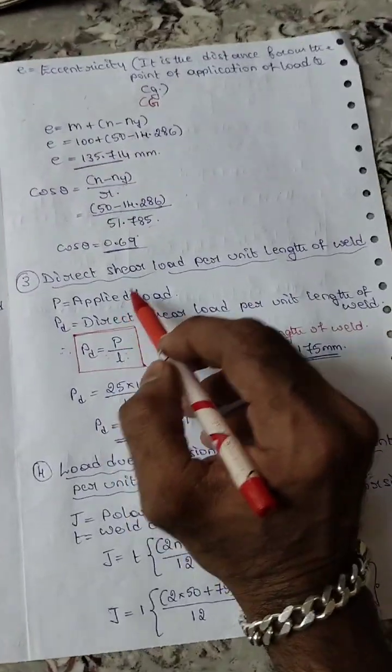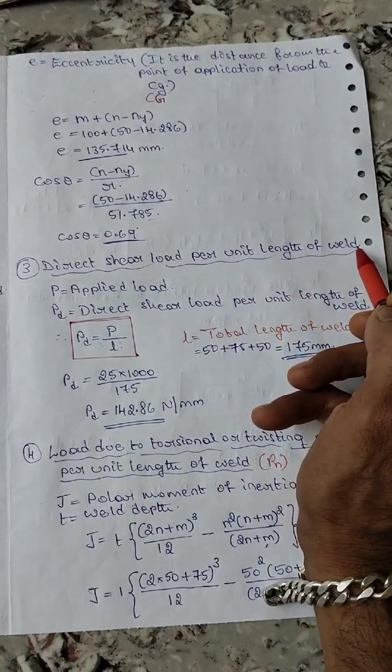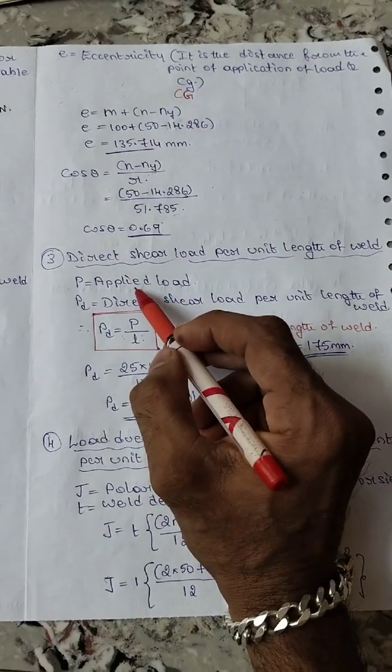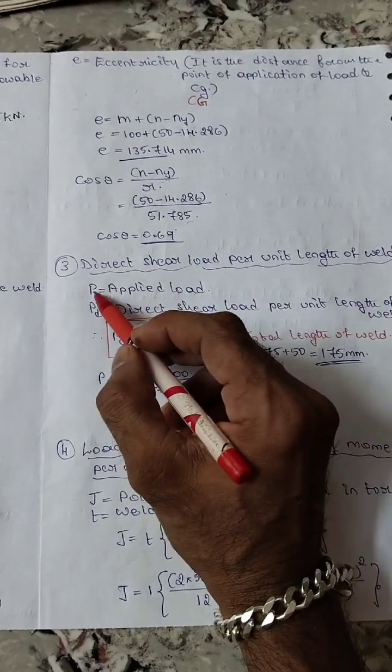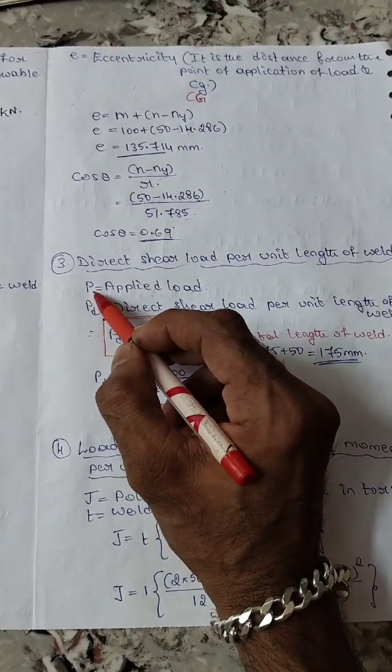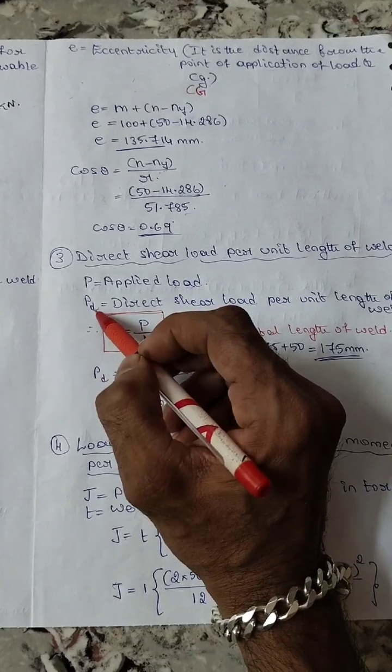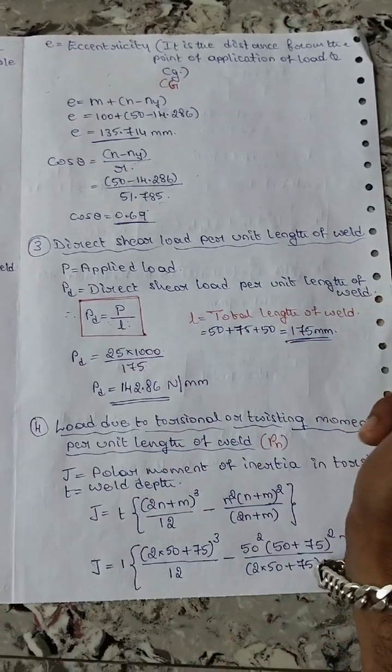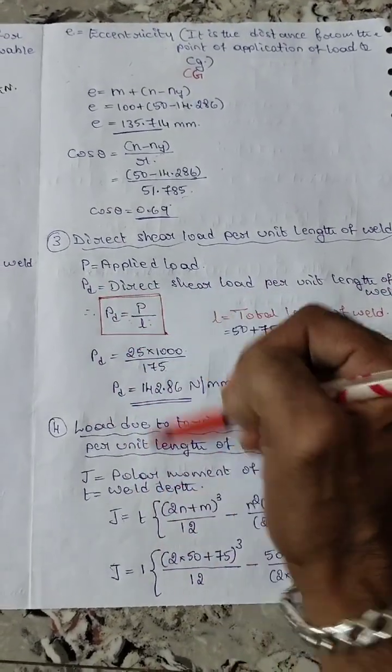Next, direct shear load per unit length of weld. The applied load I am denoting as P, and PD for the direct shear load per unit length of weld, for convenience.